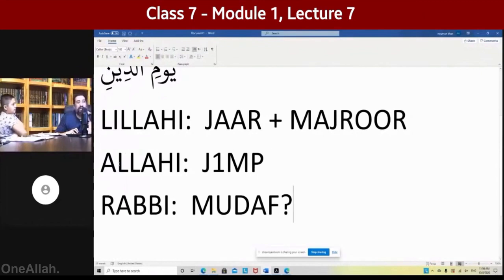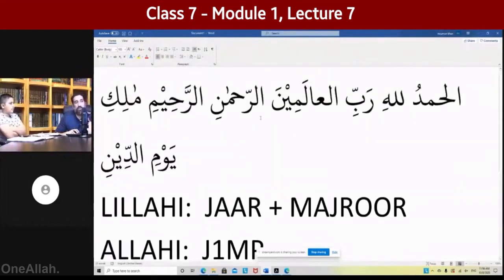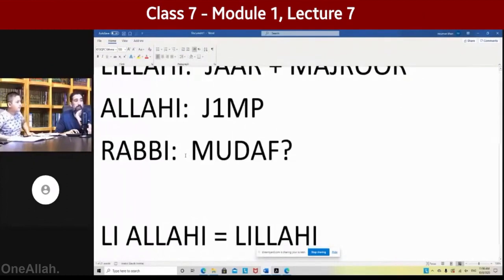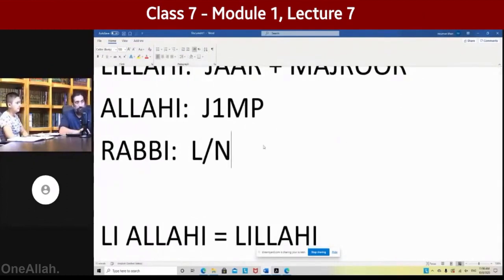The reason I even care to ask that question is I noticed that it's light, and I know that normally a word should be heavy. So I'm going to take that investigation a little further. Is it possibly a mudaf? Yes, because it's light and it doesn't have al. So what I will write with Rabbi is it's light, no al.